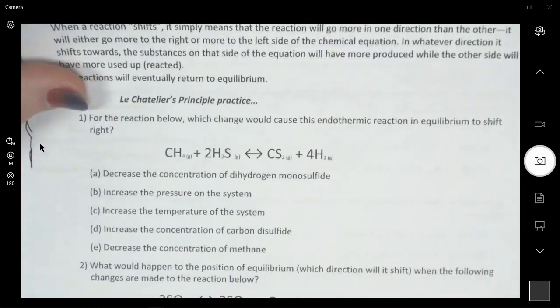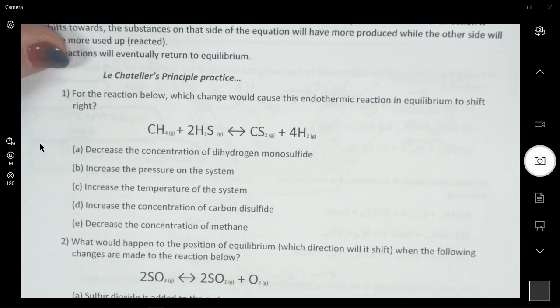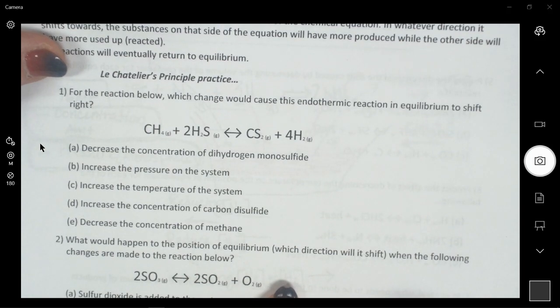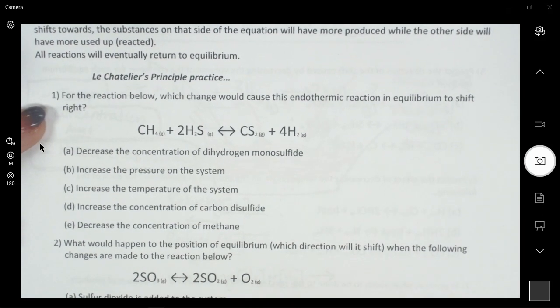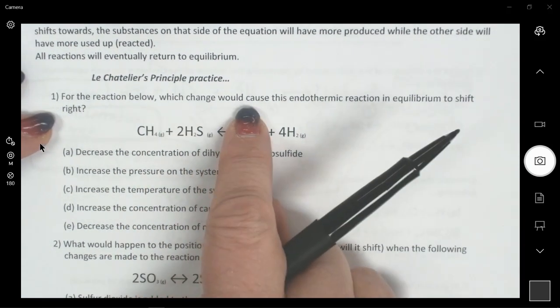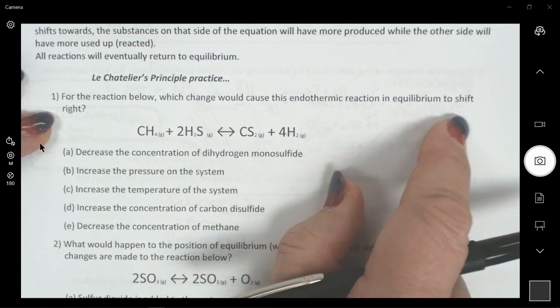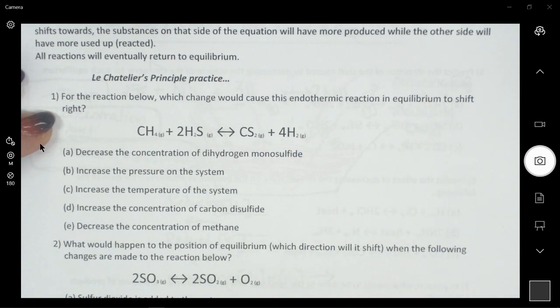But what you're going to have to do on the test is very similar to these questions. For the reaction below, which change would cause this endothermic reaction in equilibrium to shift right? So we have a reaction. It told us it was endothermic.